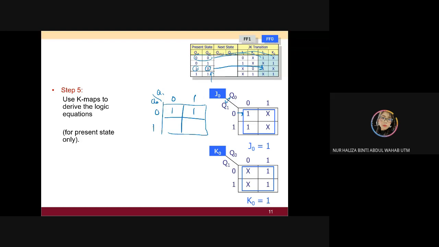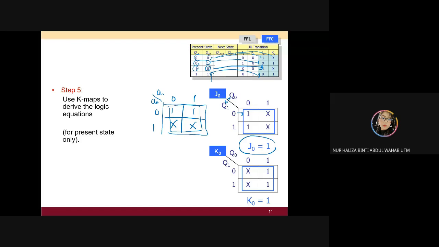Okay, now over here, my Q0 is 1, my Q1 is 0. So here will be my X, and another one is also X. Slightly different, but when you group, you're going to get a similar answer.